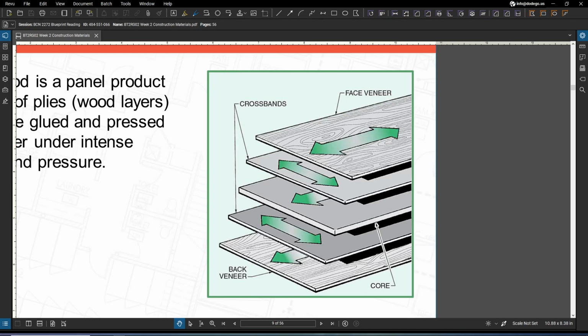The odd number of the plies ensures that the grain on each face runs in the long direction of the panel. Now, plywood in which the grain runs in the short direction of the panel is also available, but most often must be special ordered from a supplier.